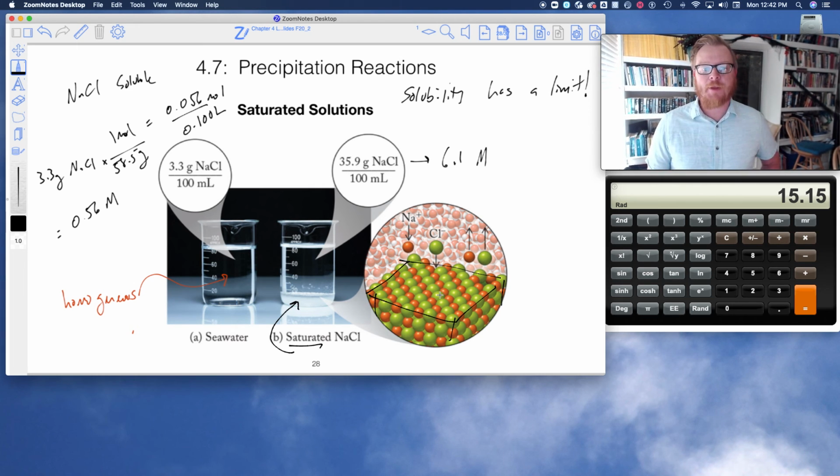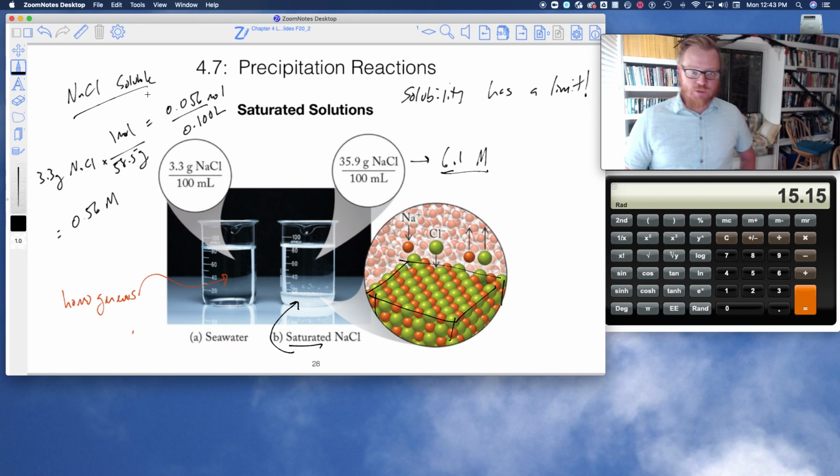The important point being, the supernatant of the solution is 6.1 molar NaCl, and any amount of sodium chloride we continue to add to this saturated solution will result in precipitation. Even though sodium chloride is soluble, that solubility has a limit. So just recognize that not everything is infinitely soluble. You can only dissolve so much before it crashes out of solution, is what we call it, or precipitating.